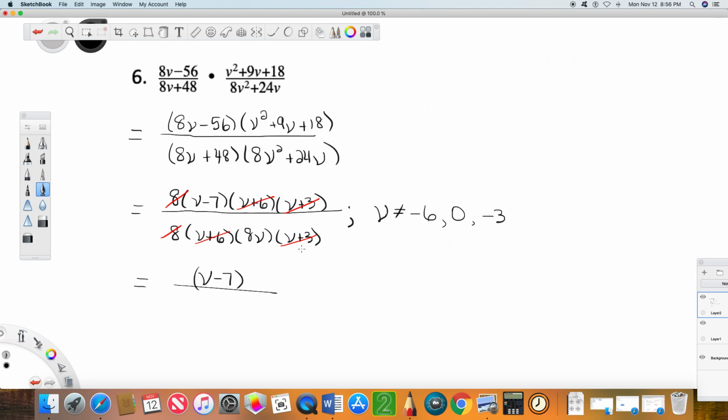And in the denominator, we have this 8 times v. Now be careful, that v and this v don't cancel because the v in the numerator is a term, the v in the denominator is a factor, and they don't cancel. v cannot be negative 6, 0, or negative 3, or it would never reduce like that. So here's our final answer.